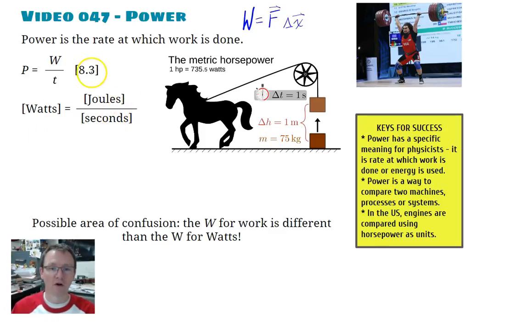And so an alternate form of the power formula, although it's not listed there, is this. Power equals the amount of force applied multiplied by the velocity that is caused by that force. So P equals FV is a fairly common way to see power written out.